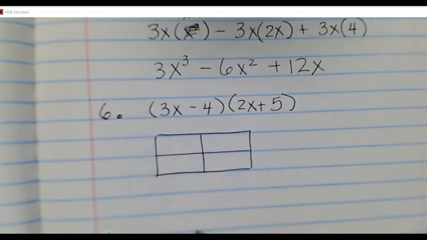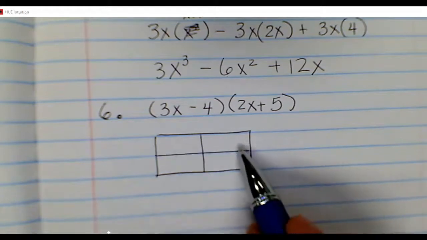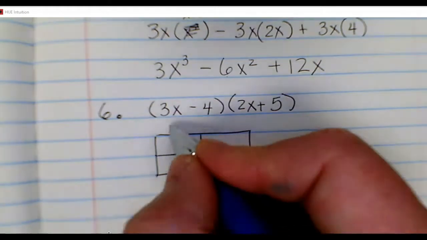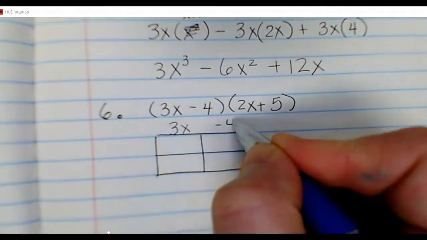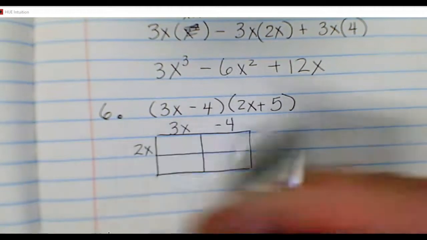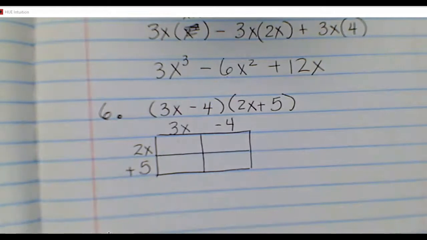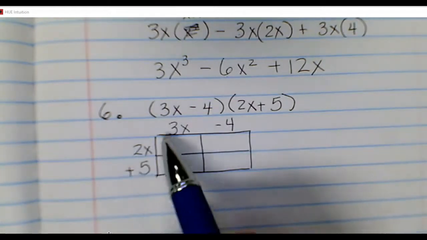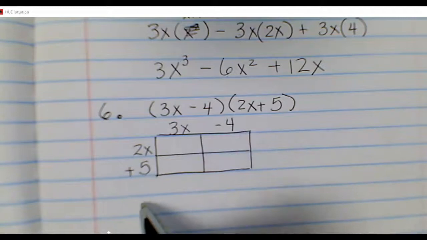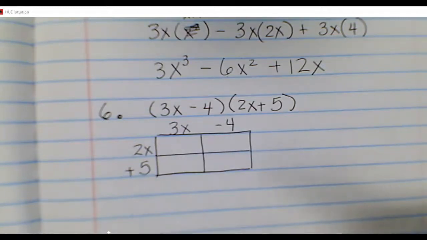It's a binomial times a binomial, so I need a 2 by 2 box. And I always put the first one on the top and the second one here. If I always do it the same way, I'm less likely to make a mistake. But it doesn't really matter whether you put the 3x minus 4 here or here. They could switch places because you're going to multiply.